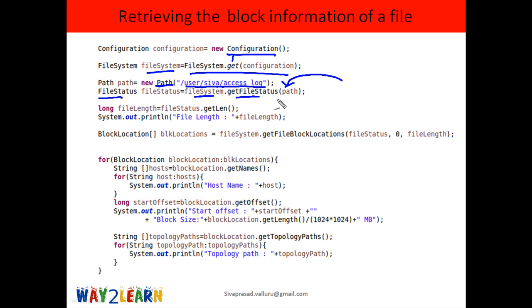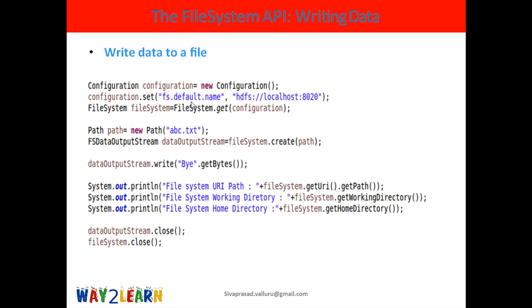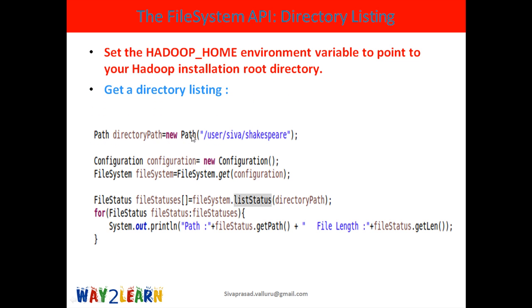Earlier, when I was listing the directory, so now this file status object is pointing to this path. Do you remember what is the method I called for listing the files in a directory? I got a file status array earlier. What is that code? Tell me. List status.